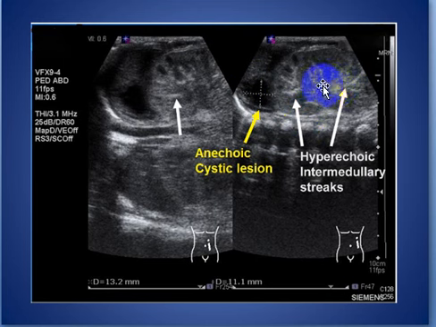The enlarged kidneys also show hyperechoic intermedullary streaks, as we see here, in the initial phase of renal vein thrombosis, and this represents blood or thrombosis in the interlobular and arcuate veins.